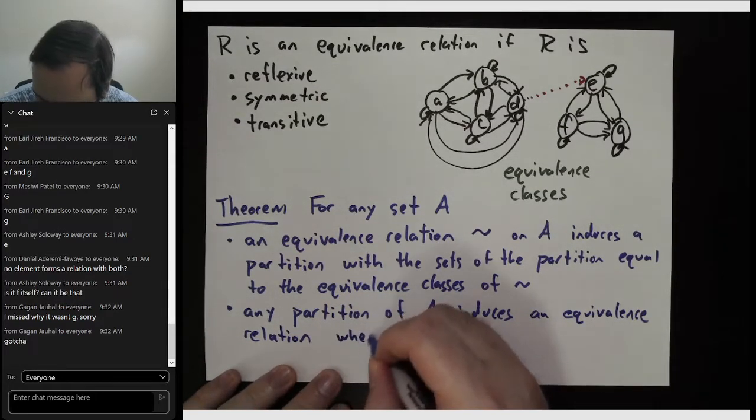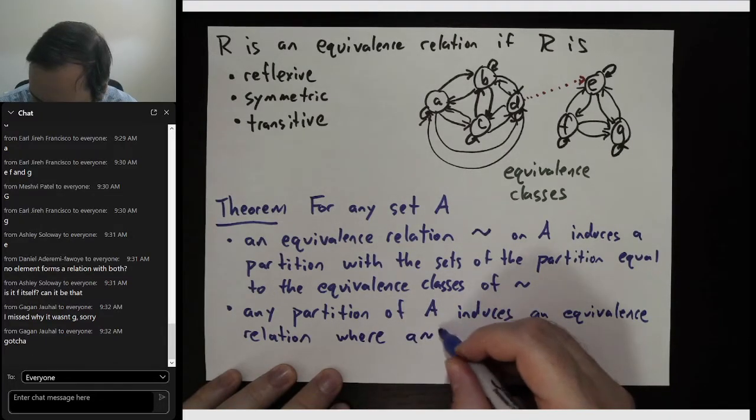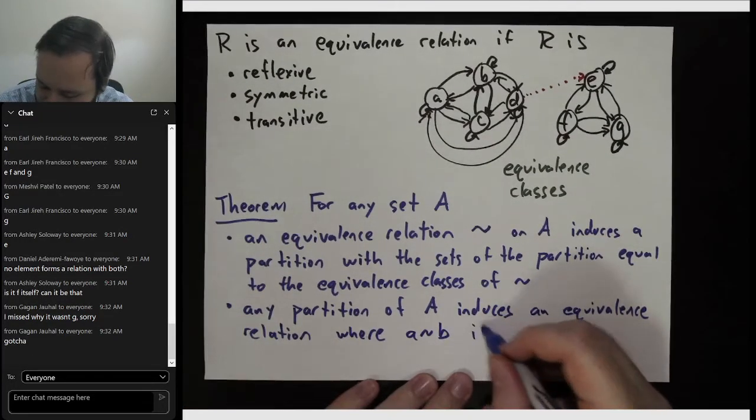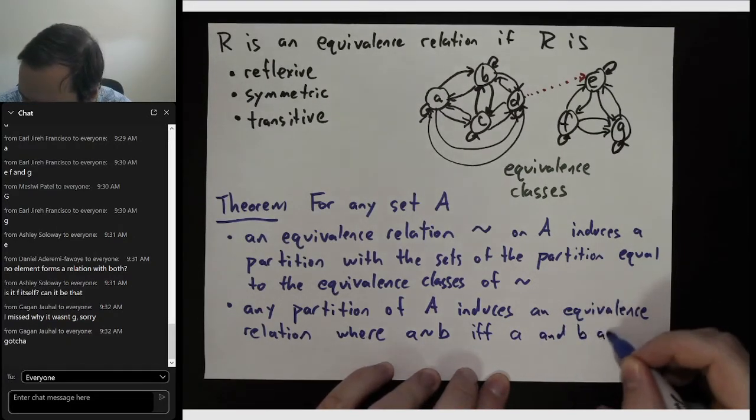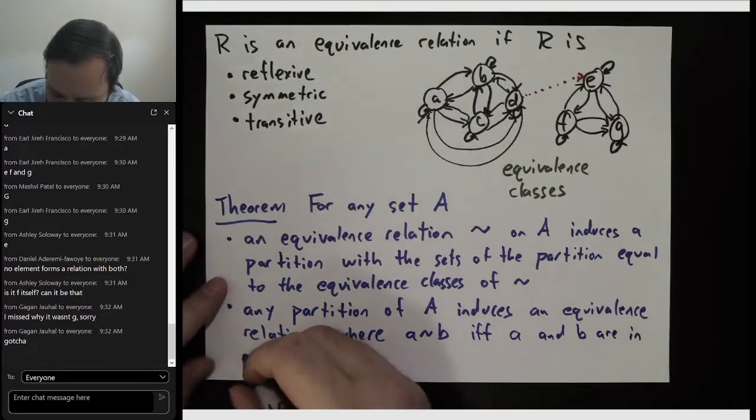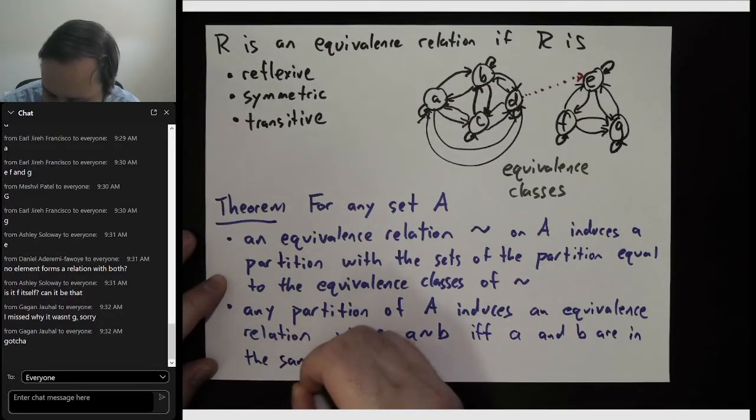Where A is related to B if and only if A and B are in the same part of the partition.